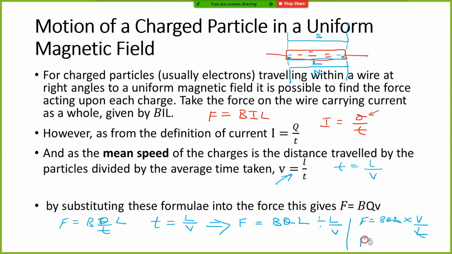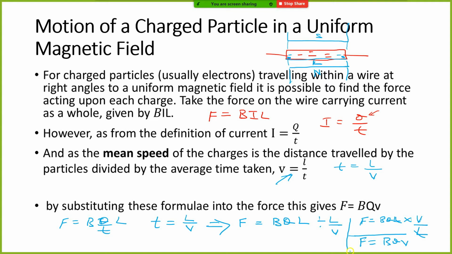So what we're left with is force is equal to B times Q times V. So this is the force that the charged particles inside of the conductor will essentially experience.